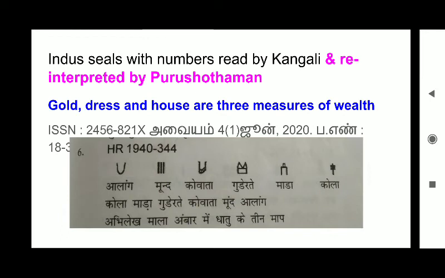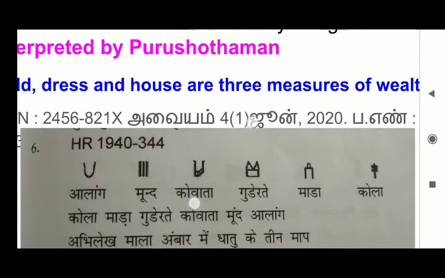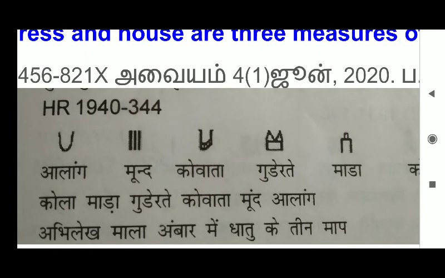And this is very interesting in the sense that you have a comparative measure here. I have come across comparative equal signs relating to bartering in the signs. This tells gold, dress, house are the 3 measures of wealth, but you have one symbol. This is again in engineering, Kovata.